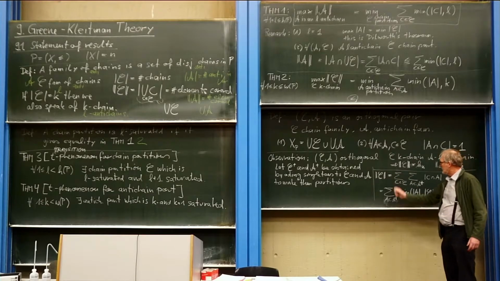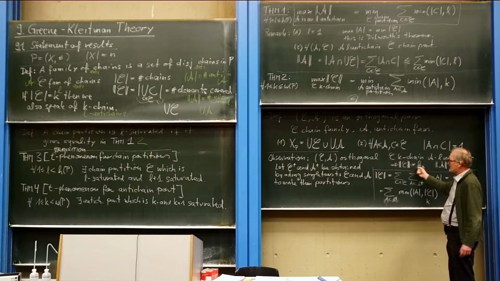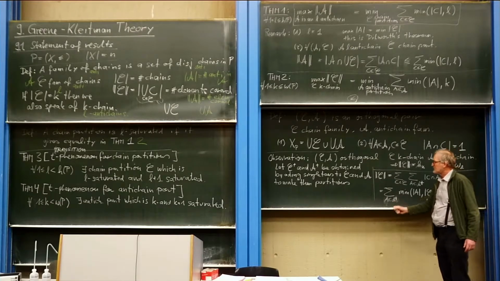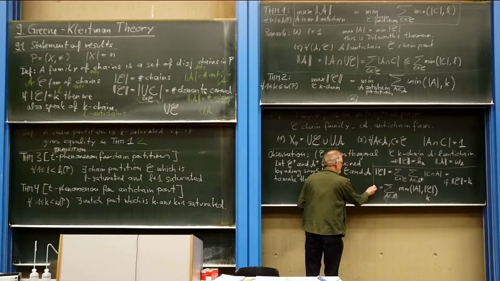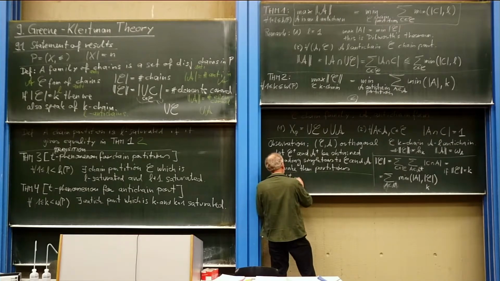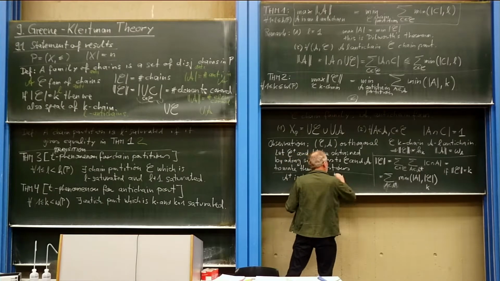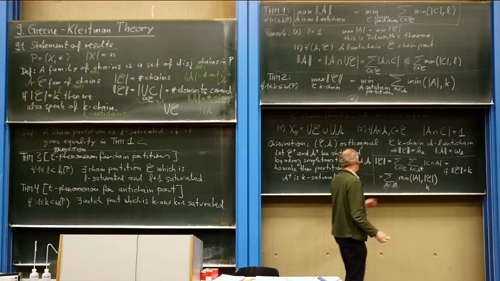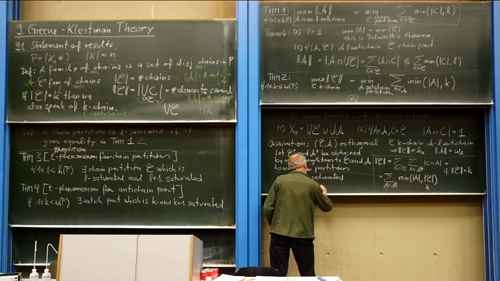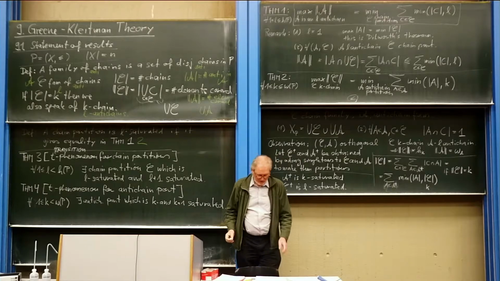In particular, the C is a K-chain of this size, and the A plus is K saturated. Let's put it here. A plus is K saturated, and by the very same computation, we see that C plus is L saturated. Good.